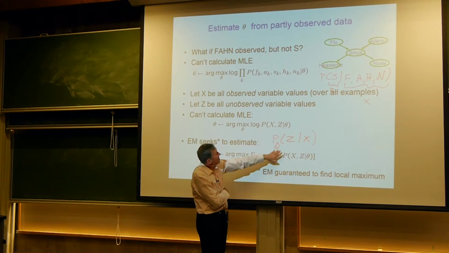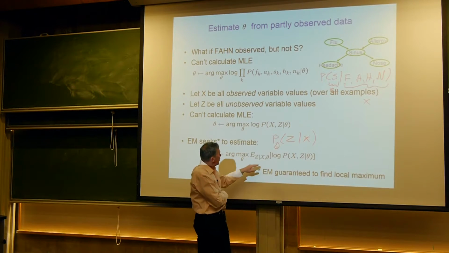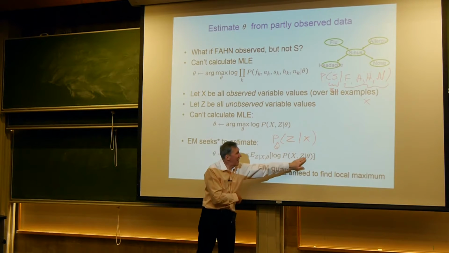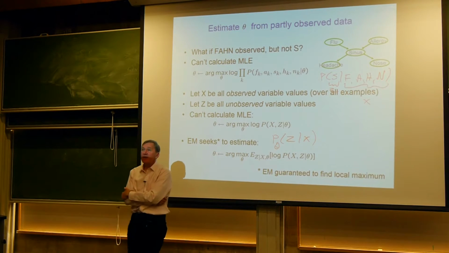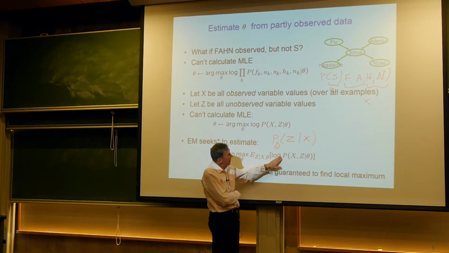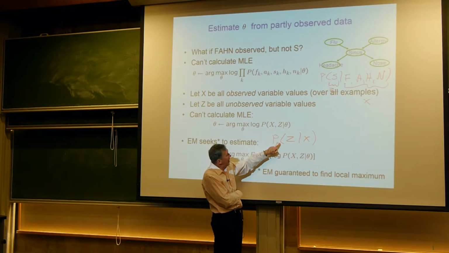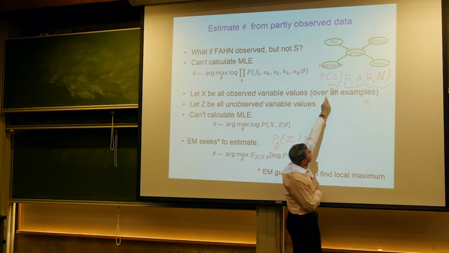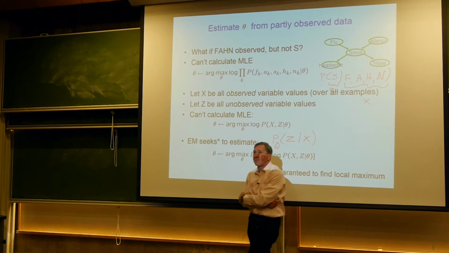What this is telling us is if we can't observe it, we're still going to guess what it is, and then take the expected value of this full data likelihood, where we calculate the expected values using our estimate of the probability of the unobserved ones given the observed ones.